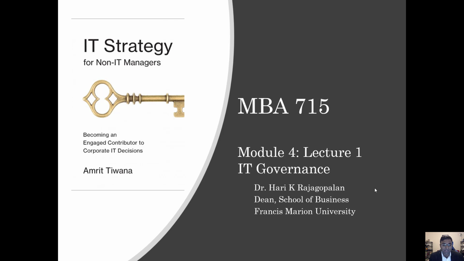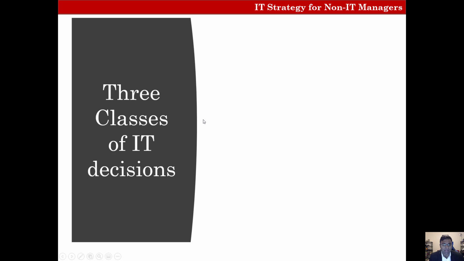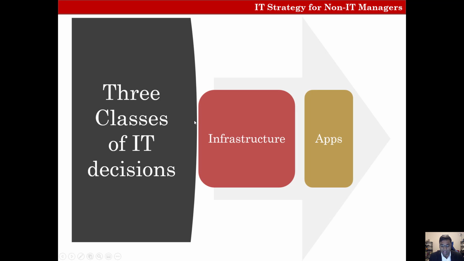In the second part of this lecture series on IT governance, we're going to talk about the three classes of IT decision rights. Central to this is the distinction among the three classes of IT assets: infrastructure, apps, and data.